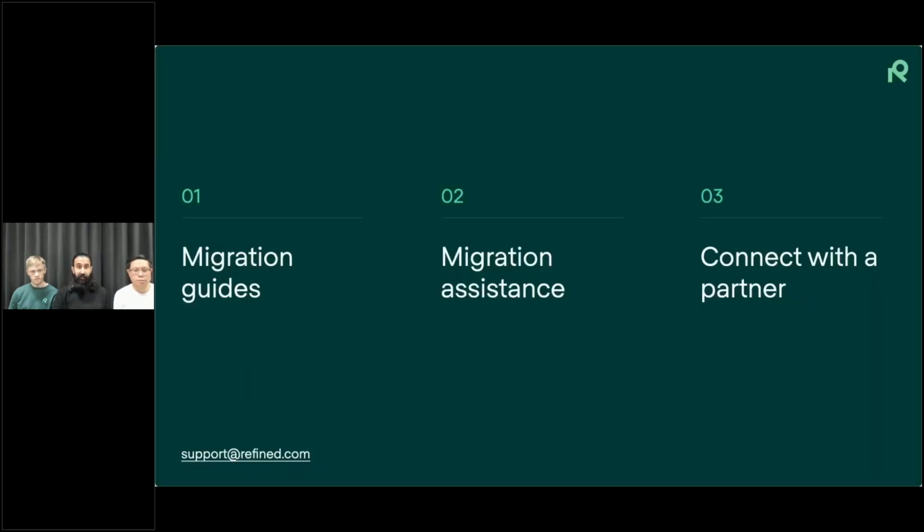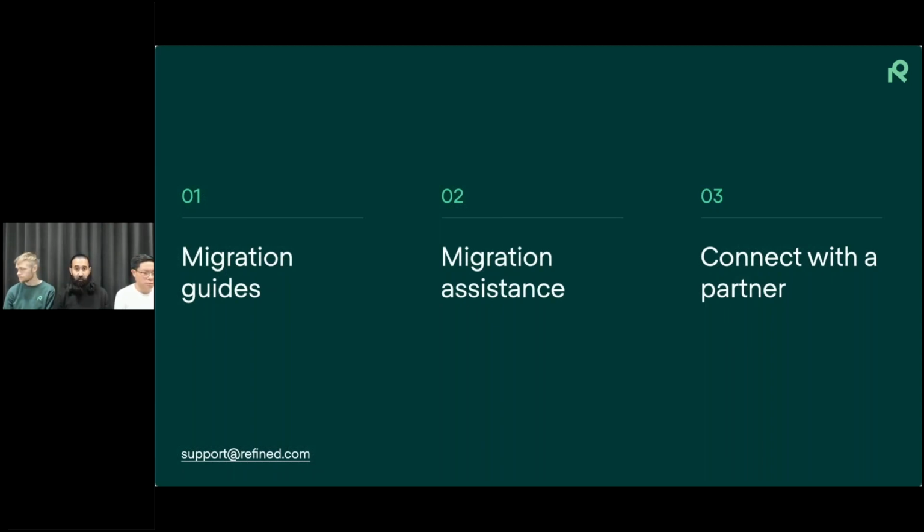Also, just to reiterate what Eric mentioned, we do have resources in place for you. If you need more information on migrating Refined, want to read up in depth on feature comparisons, or just simply need to get in touch with us, we've got the migration guides on our help site. We also have migration assistance in place. You can reach out to our support team if you get stuck or have questions.